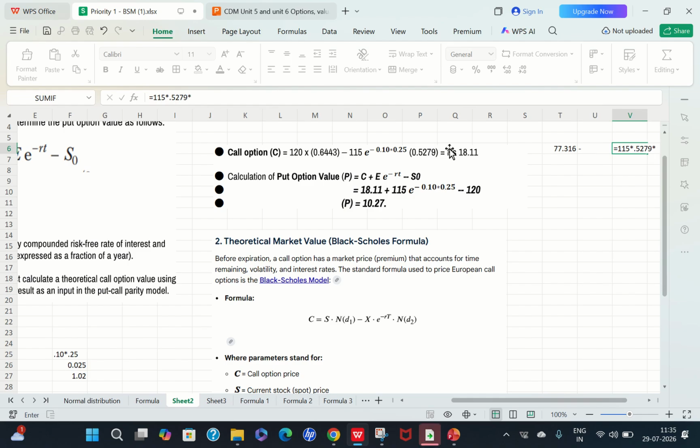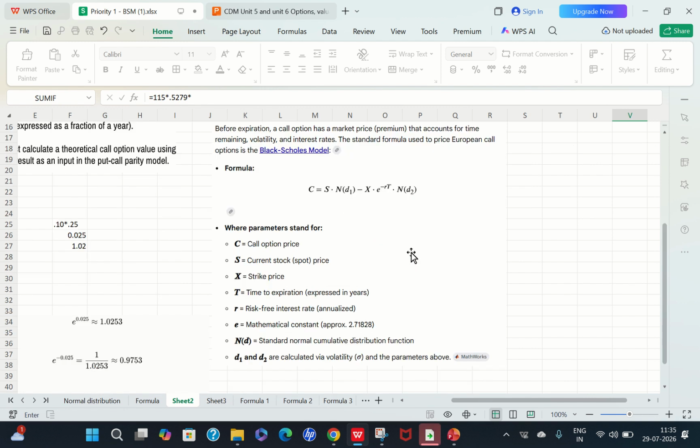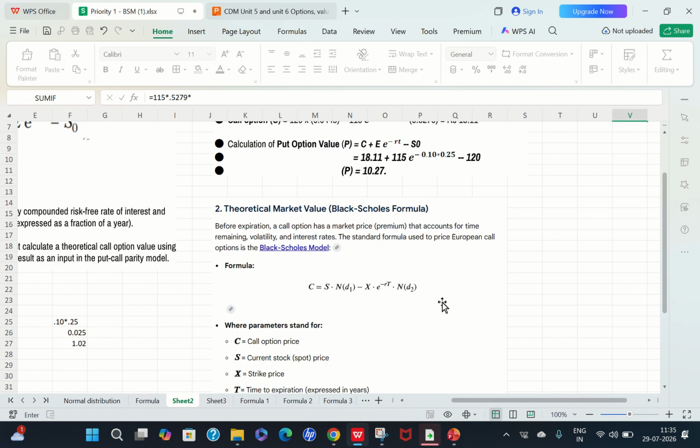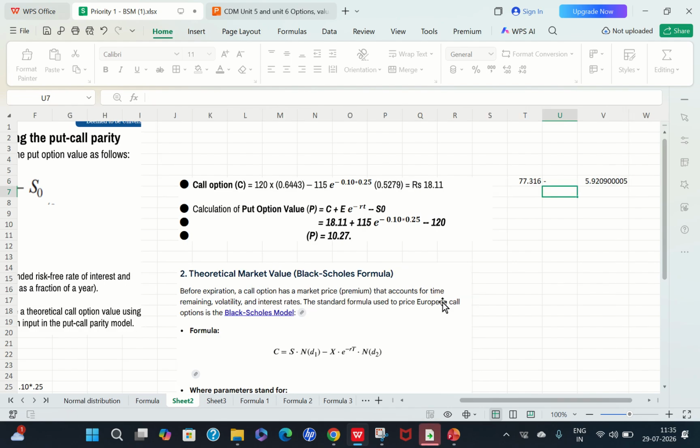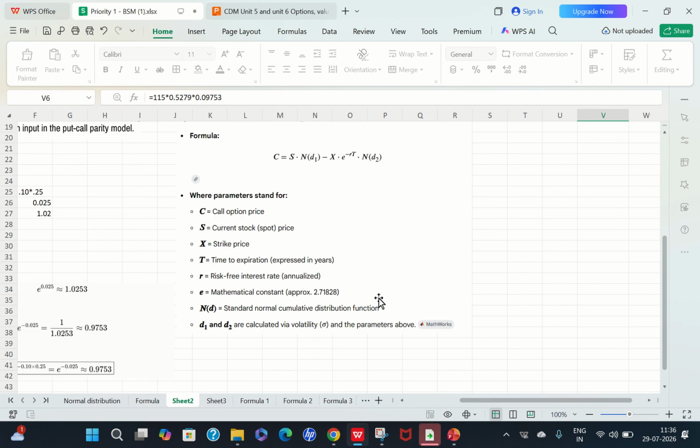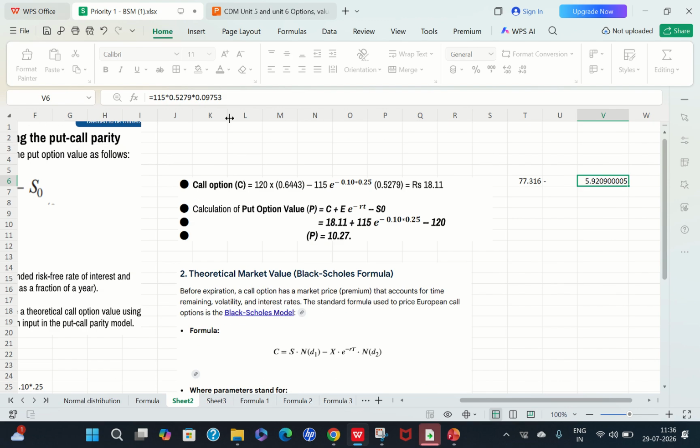Into e to the power of minus 0.10 into 0.25. Already we have that number, 0.9753. This will be given in your examination. If we multiply, we are getting 59.21.